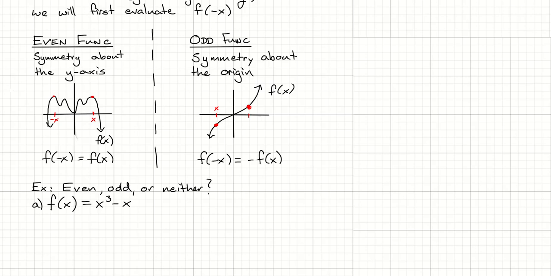If I want to check if a function is even or odd algebraically, I will always first evaluate what? Symmetry. So we're checking for symmetry. We need to evaluate something with this. Look to the very top of the screen. We always first evaluate f of negative x.